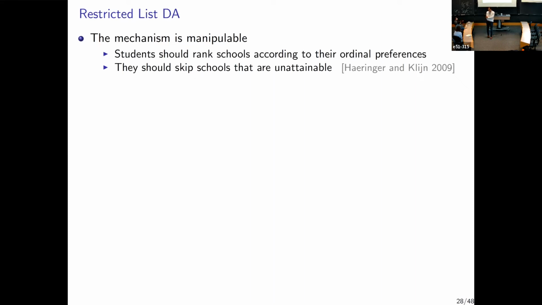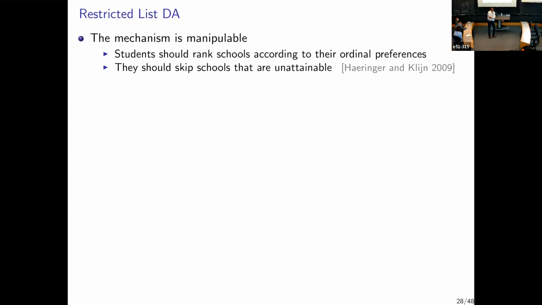You can just rank, say, 16 or even 100, fewer than all, so you can't fully express your rank order list. This is resolved by Haeringer and Klijn 2009, who say that the mechanism happens to be manipulable, and there are ways to strategize in this context. But you shouldn't mess up your rank order list, meaning you shouldn't rank a school that you prefer less above a school that you prefer more.